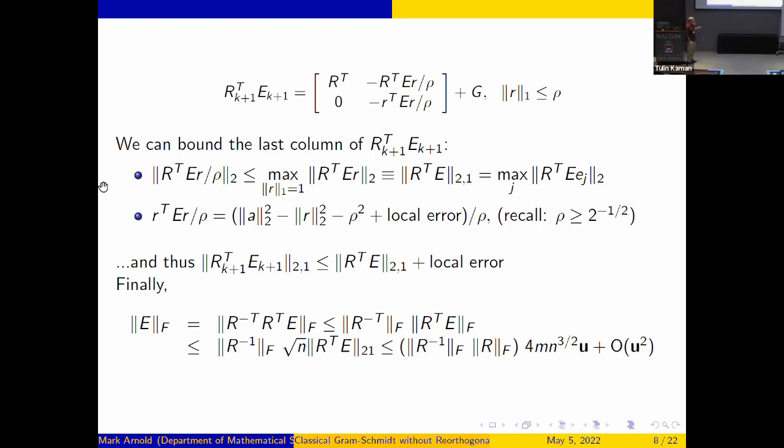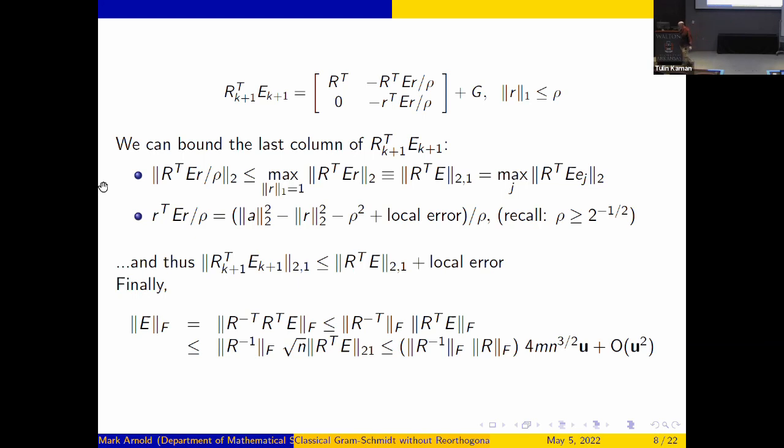I'm looking at the Frobenius norm of R transpose E, and what I have is the largest norm of R transpose E, so I can multiply that by the square root of n and get a bound on the Frobenius norm. And then there's the condition number of R and the Frobenius norm and our bound.